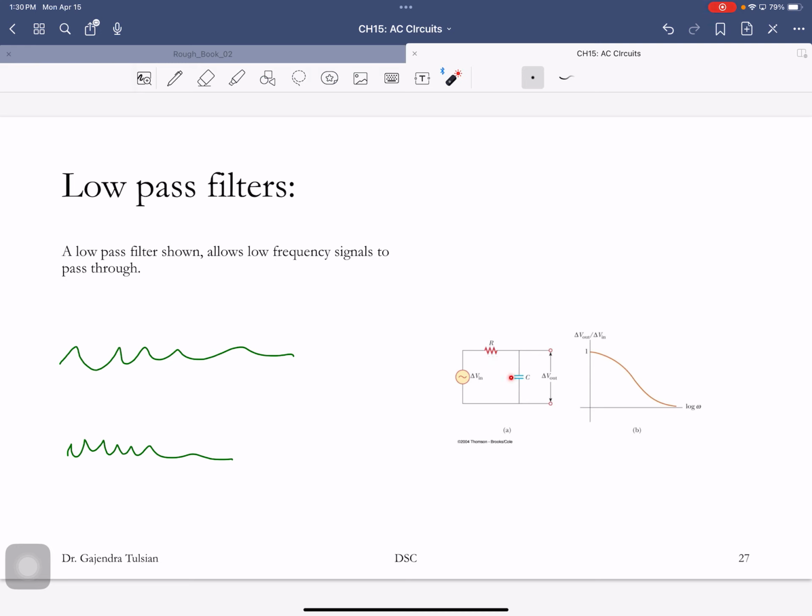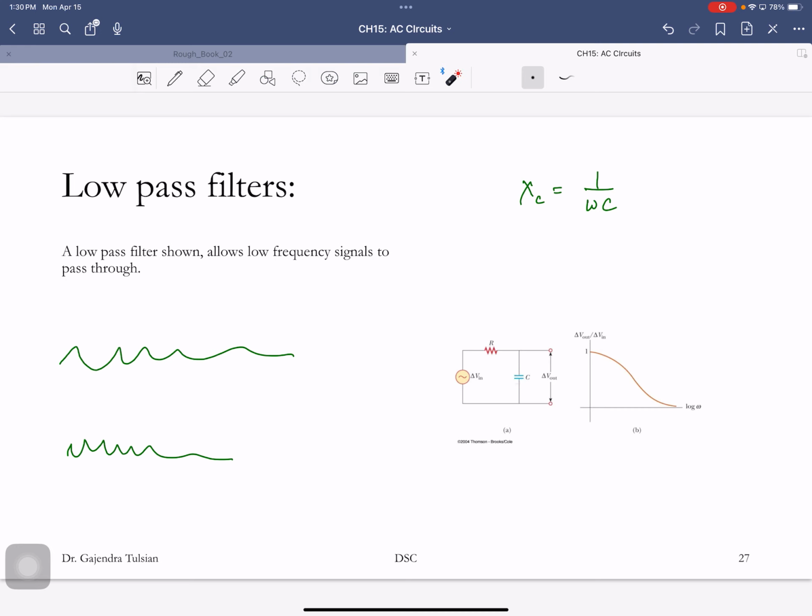And when you hit a capacitor, remember the capacitor has an impedance of 1 over omega C. So for high frequencies, the resistance is essentially 0, so this is essentially a short circuit. Okay, so you won't see any voltage across it. If you have all kinds of signals being carried, high frequencies are not seen here.